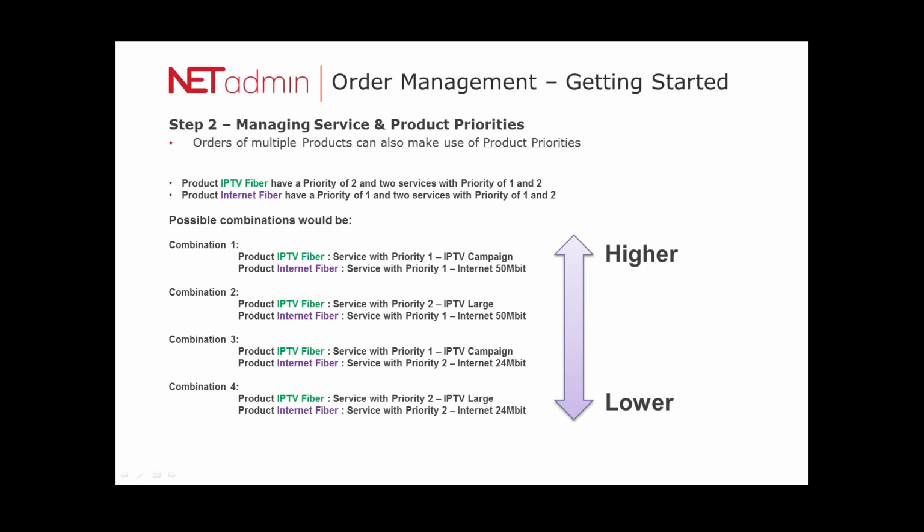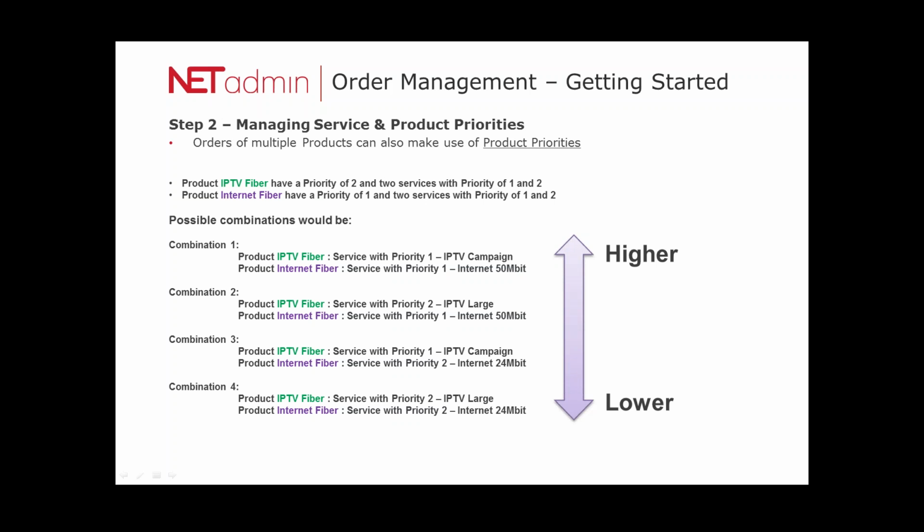And the third combination is the other way around, where you have the highest prioritized service of IPTV selected and the second prioritized of the internet product being selected. And the fourth combination is, of course, where you have the last prioritized service of both products selected.